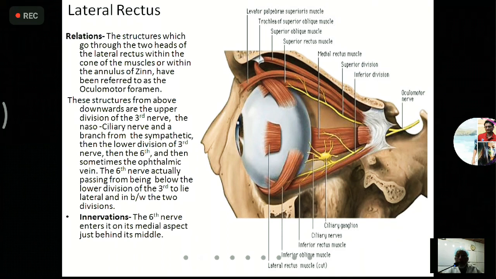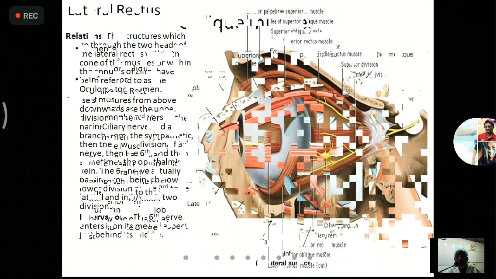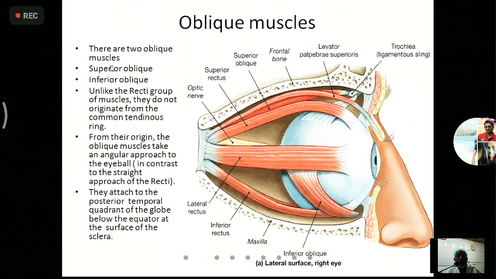Now our two oblique muscles, superior oblique and inferior oblique. Unlike the recti group muscles, they do not originate from the common tendinous ring. From their origin, the oblique muscles take an angular approach to the eyeball, in contrast to the straight approach of the recti.